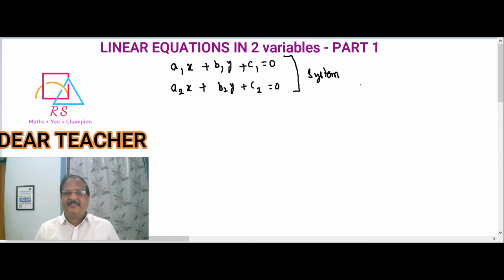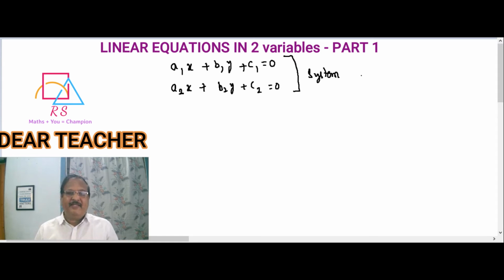These two equations will form a system of linear equations. If there are two variables, we need two equations to solve. If there are three variables, there should be three equations. If there are four variables, there should be four equations. This is a common understanding.